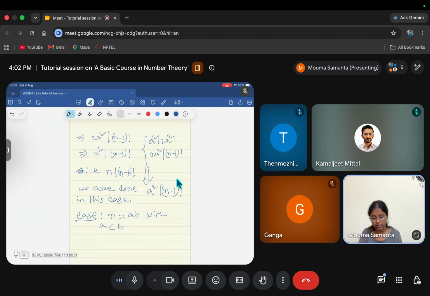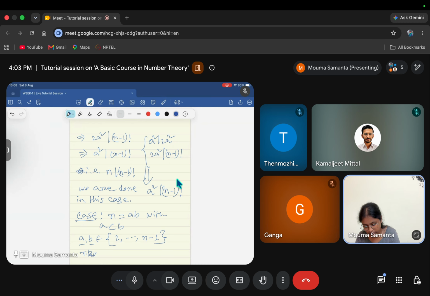So here I am considering a less than b, and n is the composite number that has the form a times b. Now here also a and b belong to this set 2 up to n minus 1, and since they are distinct, both of them will appear in the product.